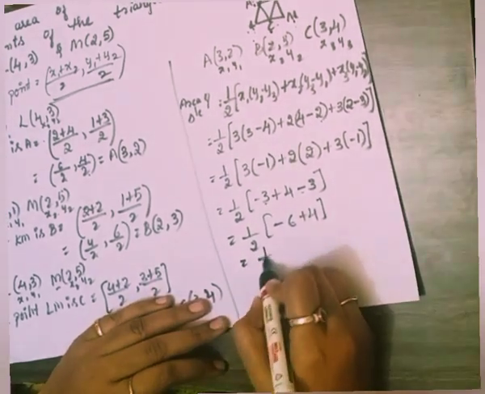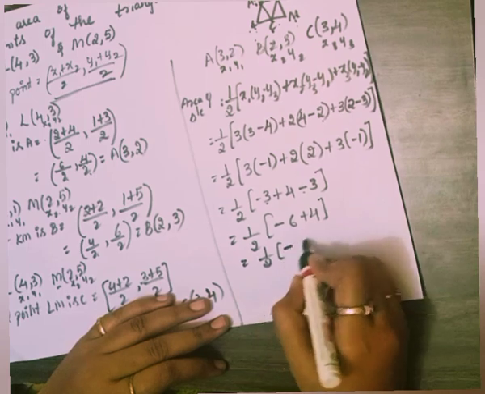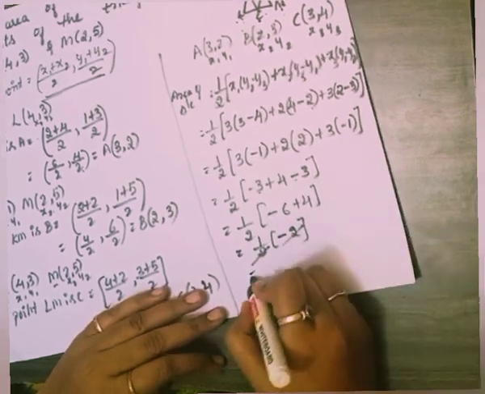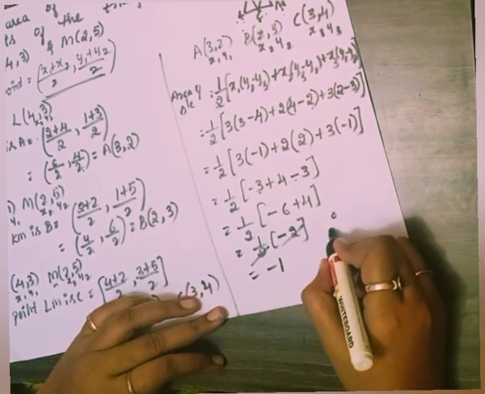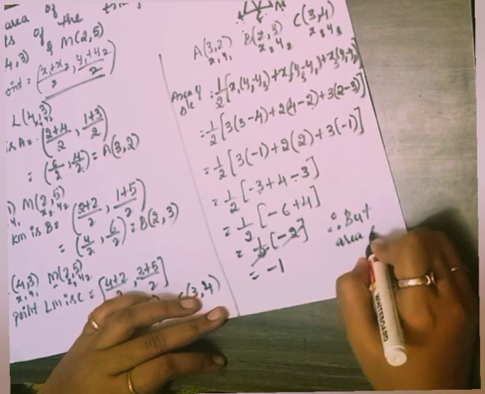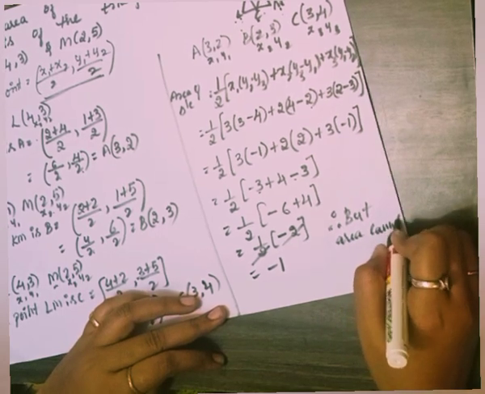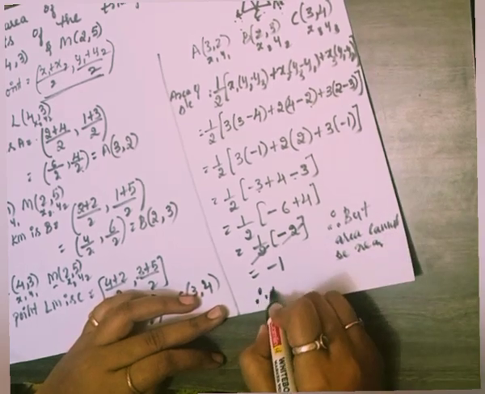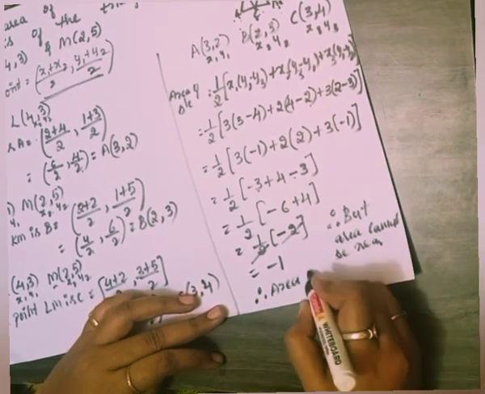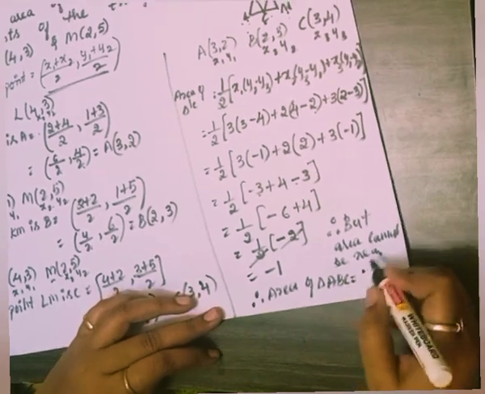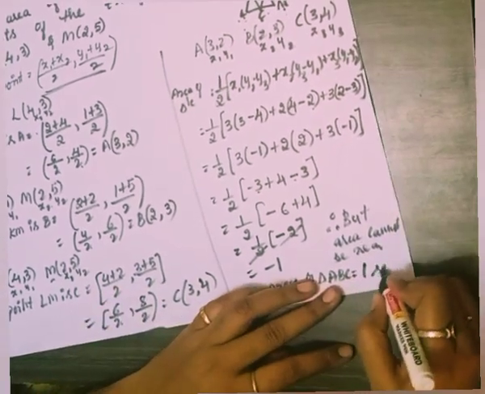By subtracting, I'll get minus 2. We will divide now, the 2 cancels, and we get minus 1. But we know the condition that area can't be negative. Therefore we can say the area of triangle ABC is 1 square unit.